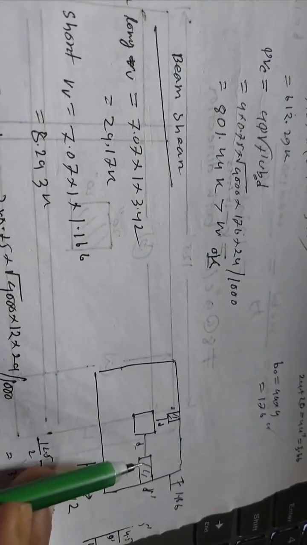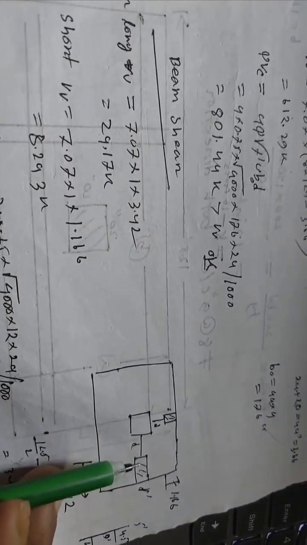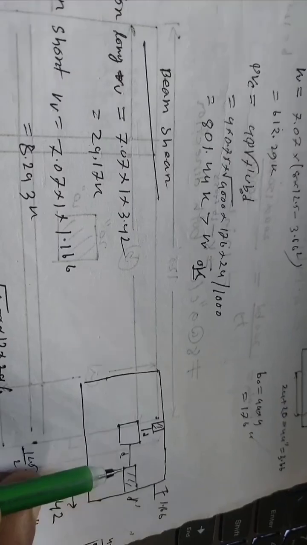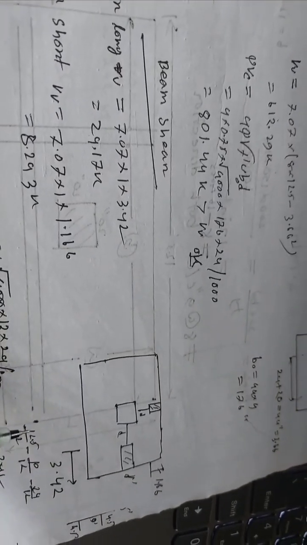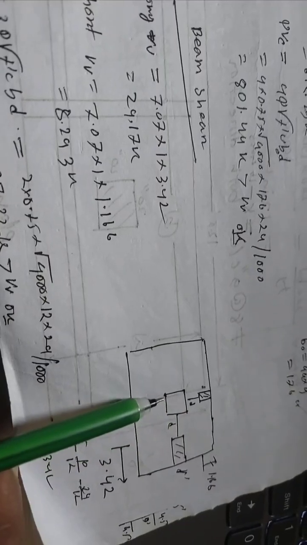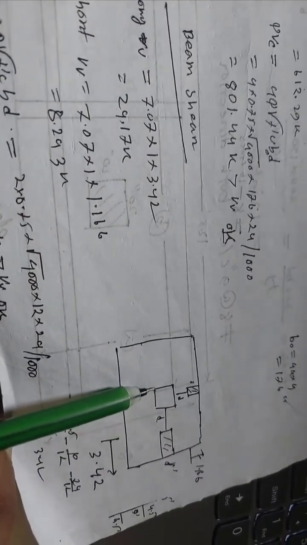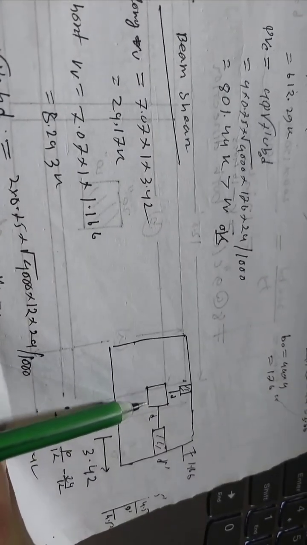Now we have to check the beam shear. We know that beam shear acts at d distance from the face of the column. Here the length of the footing is 12.5 divided by 2, and the column size is 20 inch by 20 inch.